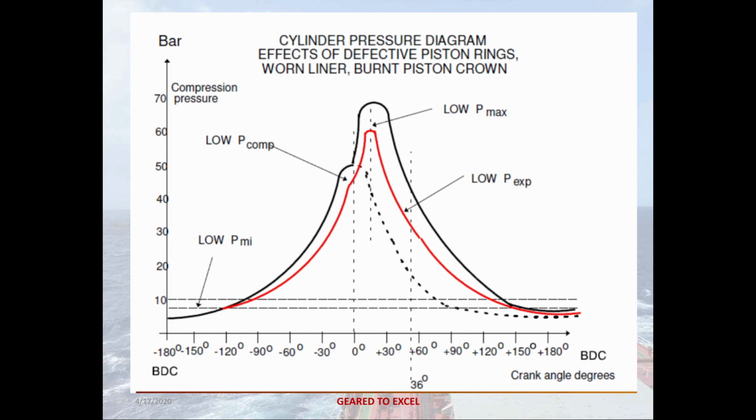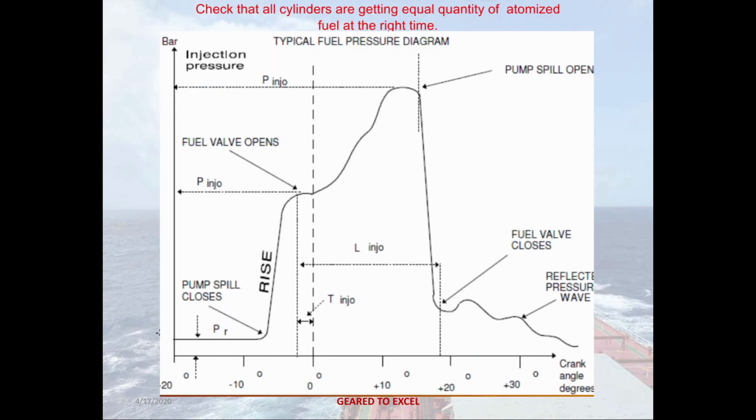In the same way, this is a typical fuel pressure diagram where there is no problem and everything is normal. So this is the fuel oil pressure. The pump spill closes, and the pressure rises. So this is the injection pressure, and the fuel valve opens.